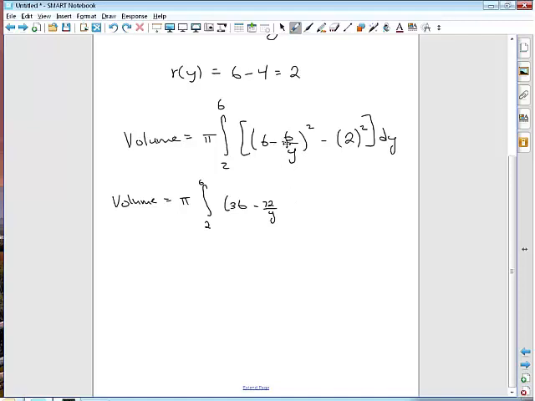And then we'll multiply this by itself, which will be plus 36 over y squared. And then we're going to subtract off 4, 2 squared is 4, dy. And before we integrate, we'll combine like terms.